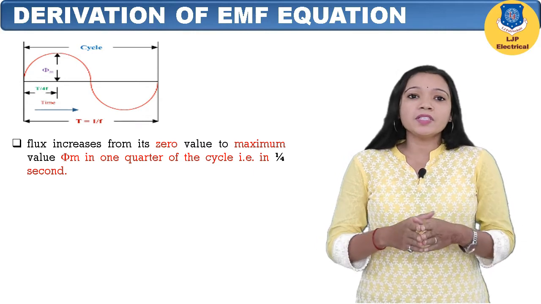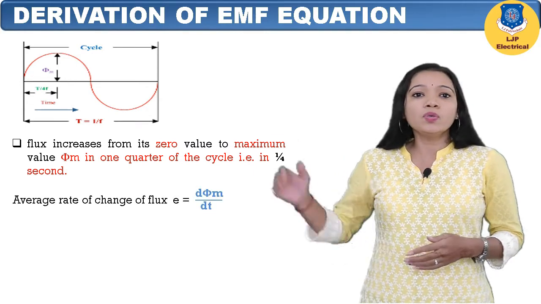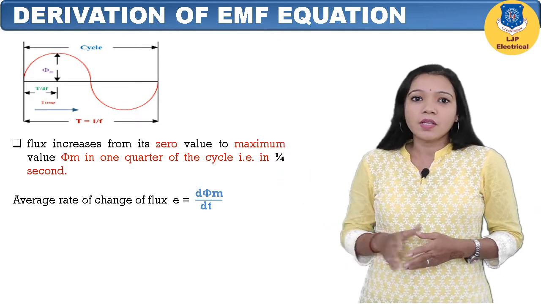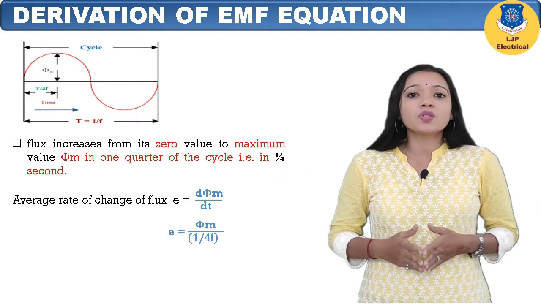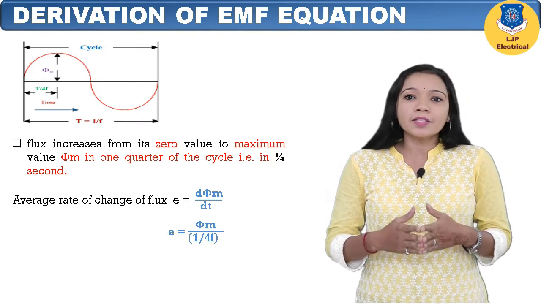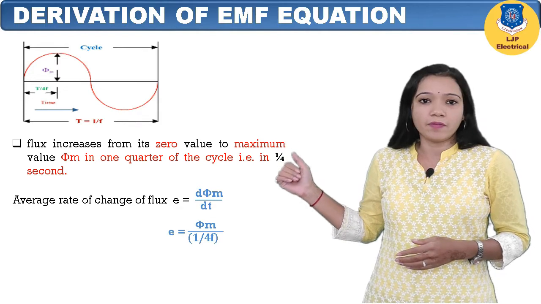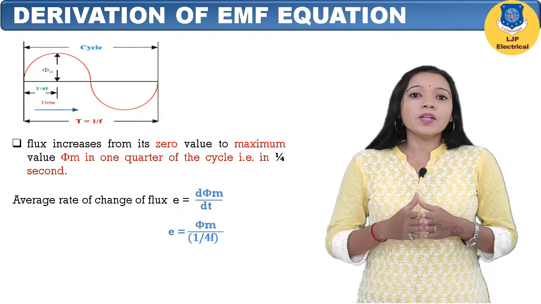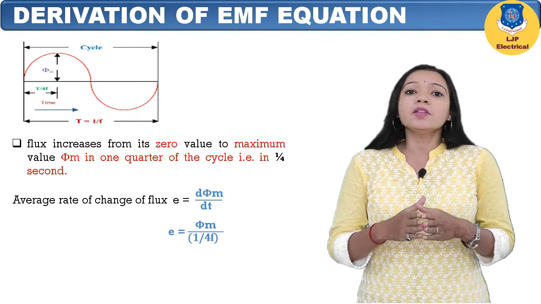So the average EMF is given by the equation E equal to d phi by dt. So we will put the value of d phi and dt. So what we will get? It is equal to phi m divided by 1/4f. So 4 is in the denominator, so we will multiply it with the numerator.